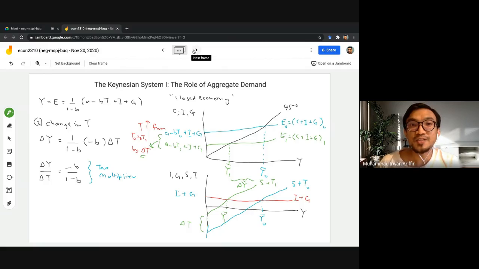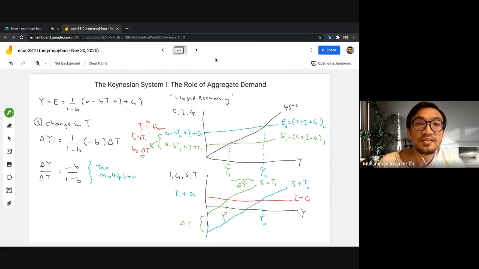When they reduce their consumption, other agents in the economy receive less income. That explains why the decrease in income has been multiplied by this amount, because of the tax multiplier effect.